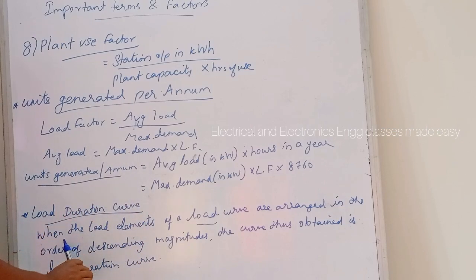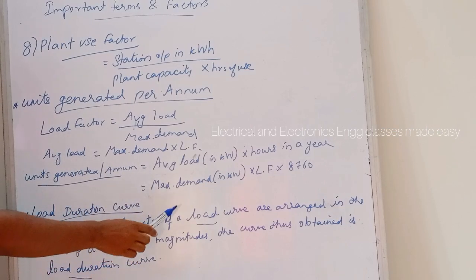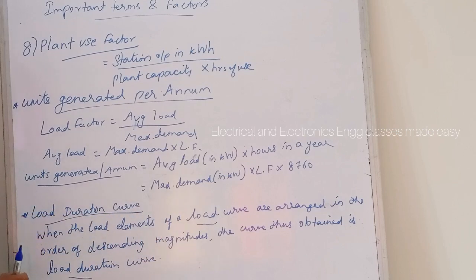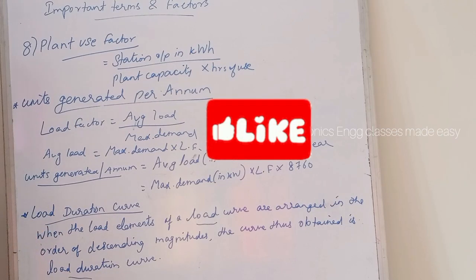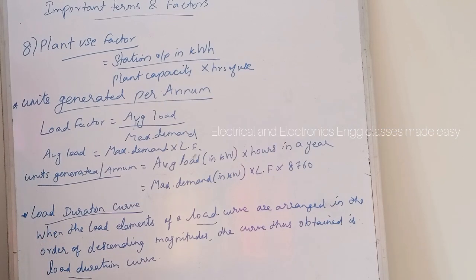So when the load elements of the load curve are arranged in the order of descending magnitudes, and then we plot the curve, it is called the load duration curve. So that is about the important terms and factors in power systems.